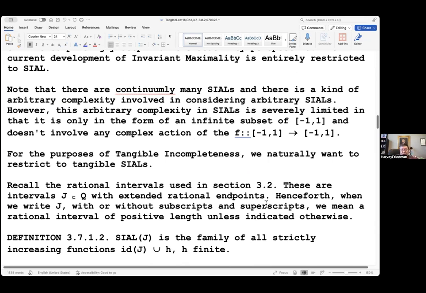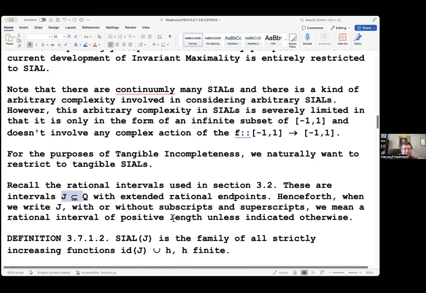So recall the rational intervals we used in section 3.2. These are intervals J contained in Q with extended rational endpoints.